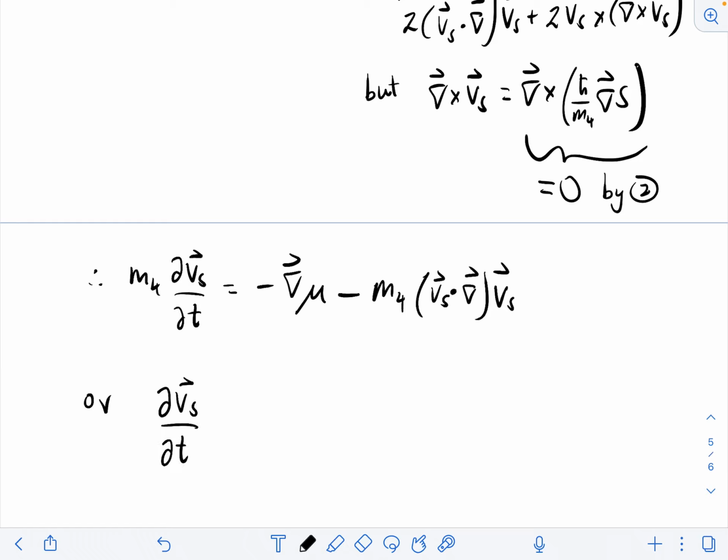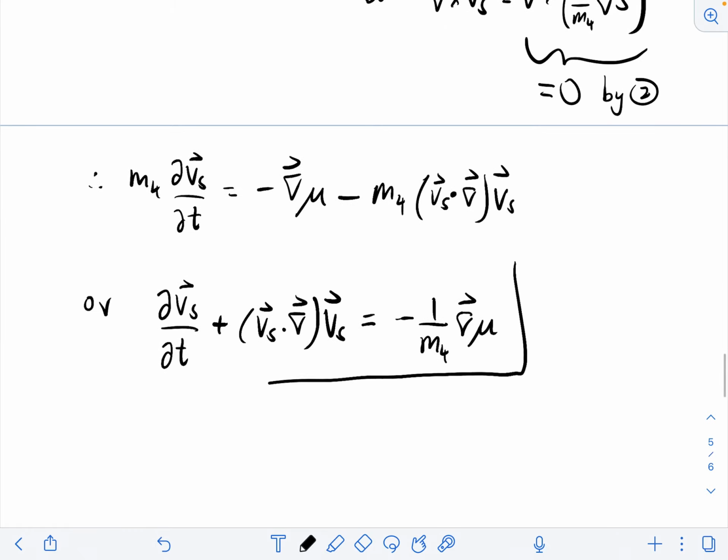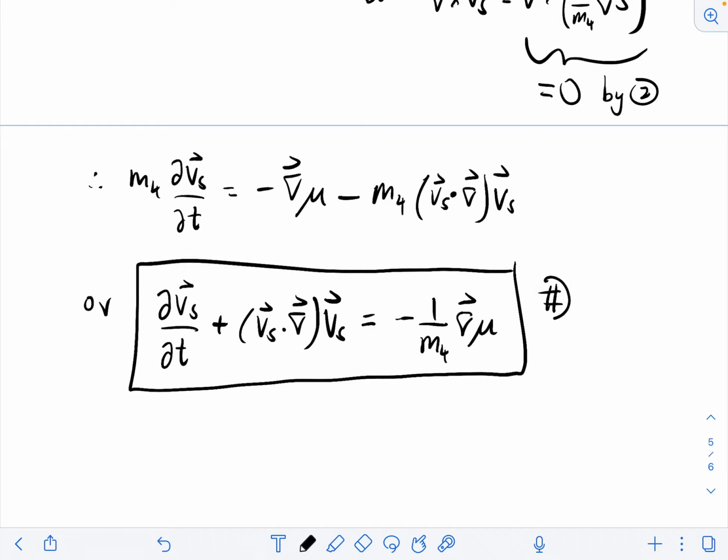Let's take the other vs term over to the other side, so the minus becomes a positive. We've divided by m4, so we get a plus vs dot del vs, and that is equal to minus 1 over m4 times the gradient of mu. This I'll call equation number sign.